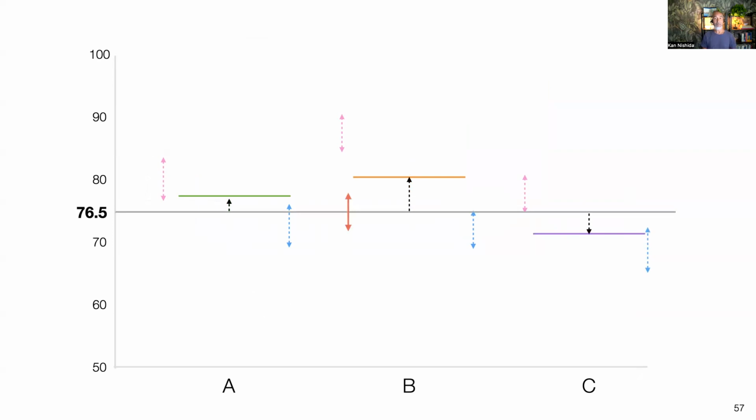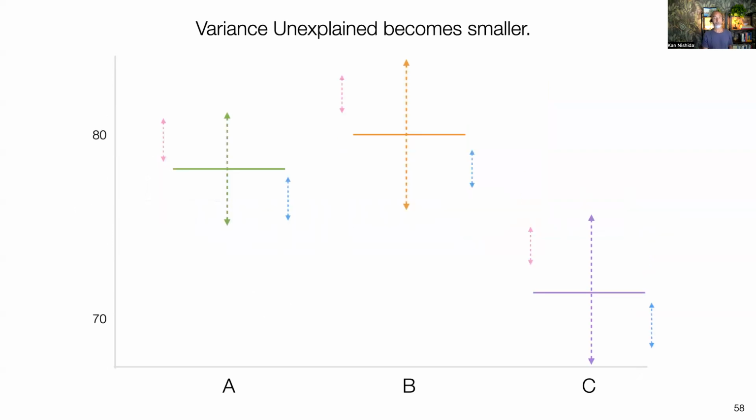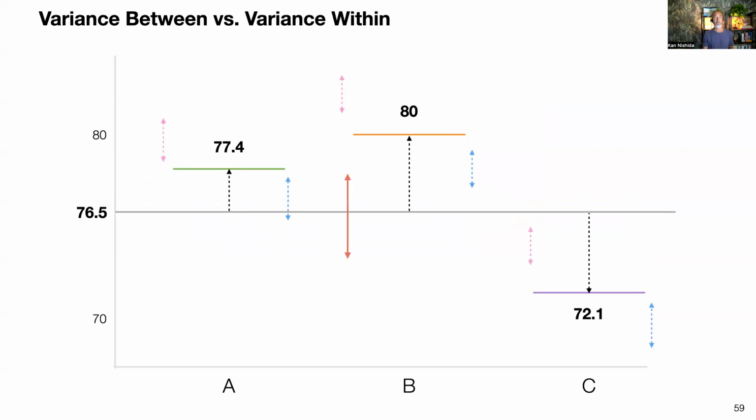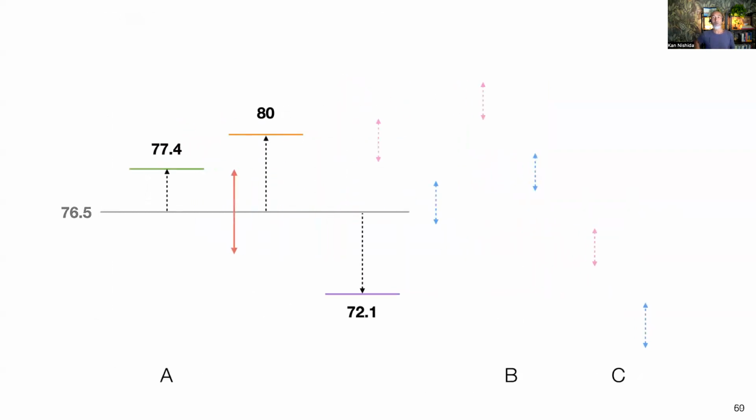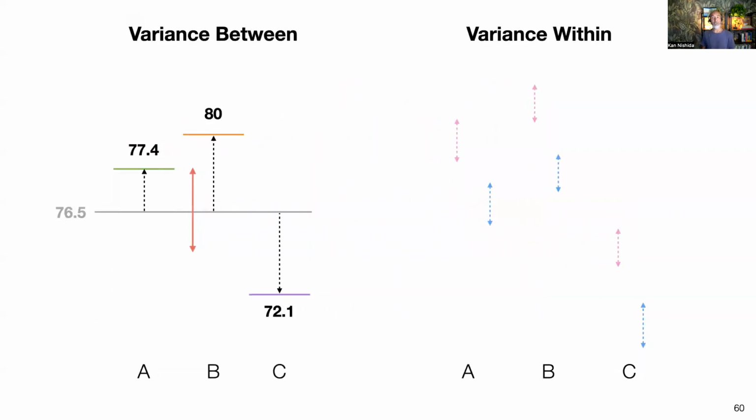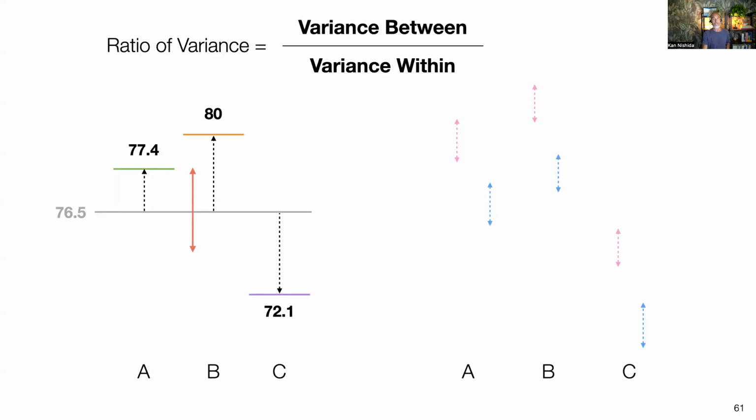And when you compare the variance between, which is the red line, against the variance unexplained or variance within, now it looks like on the left-hand side the variance between is larger, right? So that means the ratio will become bigger, and therefore it's getting closer to being significant.